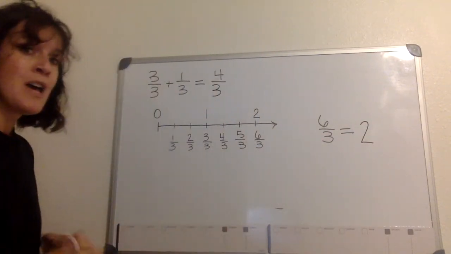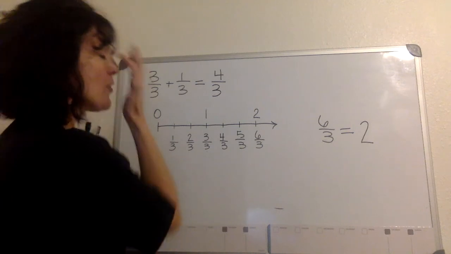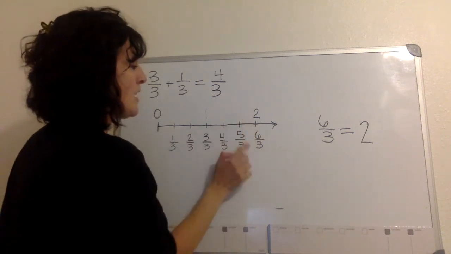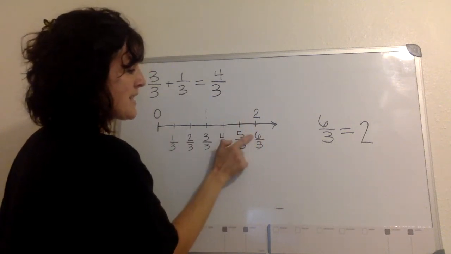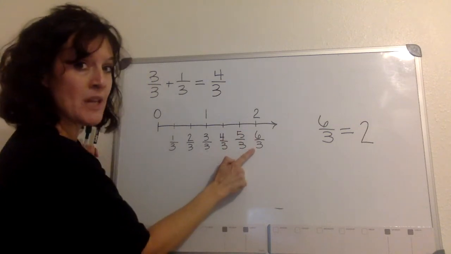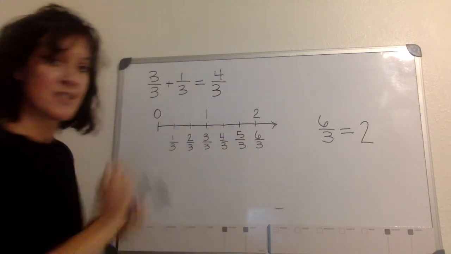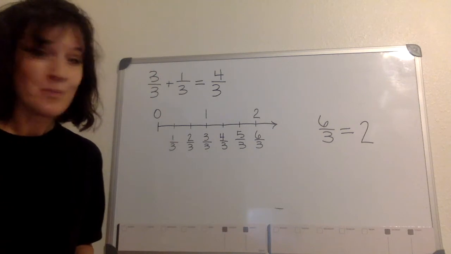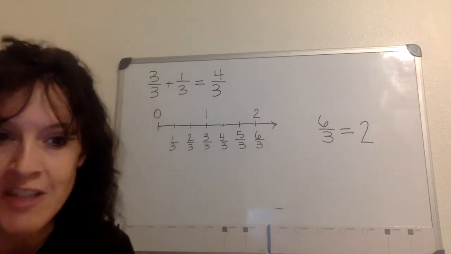So now that's one other thing that can show us that 2 is also equal to 6 divided by 3, or 6/3 in fraction form. Okay? Let's move on to our questions.